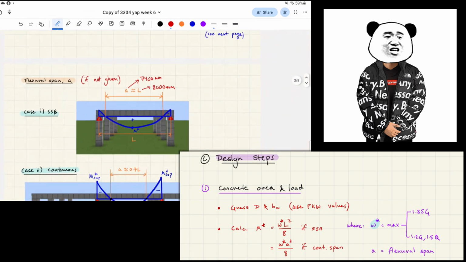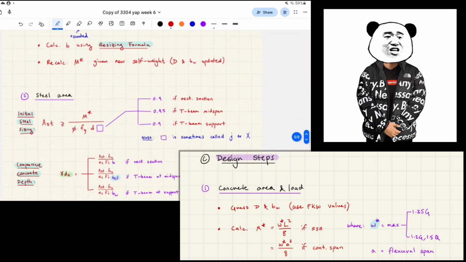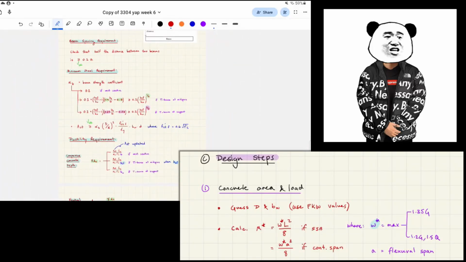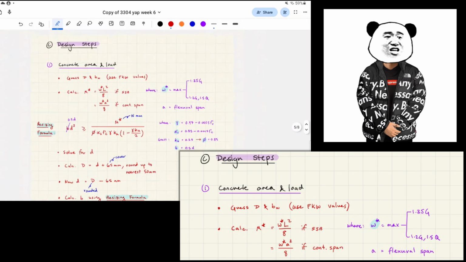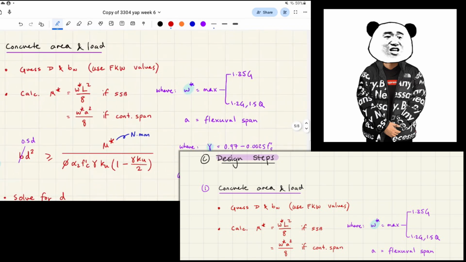What I'm trying to say, in the case in my notes, I'll scroll to where you were looking, Josh. We're talking about this. Yeah, that's what I'm looking at. M star is equal to that if it's simply supported, and equal to that if it's a continuous span.